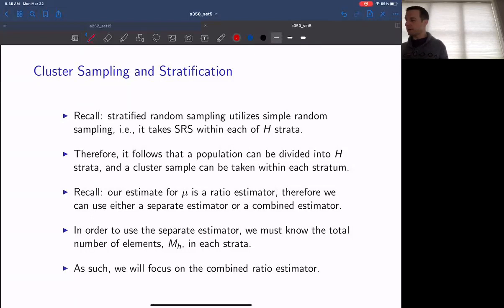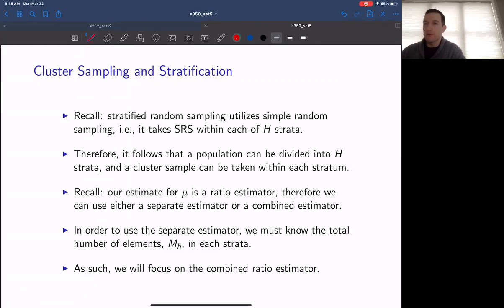Okay, so the estimator for the population mean via cluster sampling is effectively a ratio estimator, where you have the sum of the variable of interest divided by the sum of the number of observations across each of the clusters.